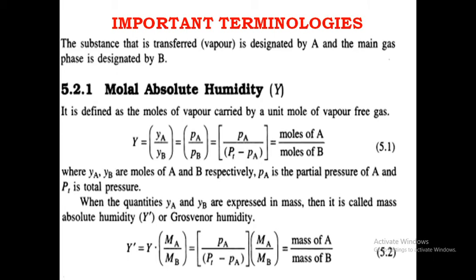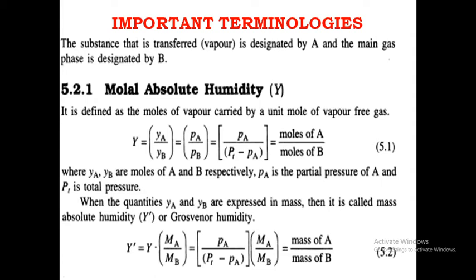From that, weight is equal to number of moles into molecular weight. Here capital Y is the number of moles, or molar absolute humidity. So multiply with molecular weight, and that gives weight, or mass absolute humidity.